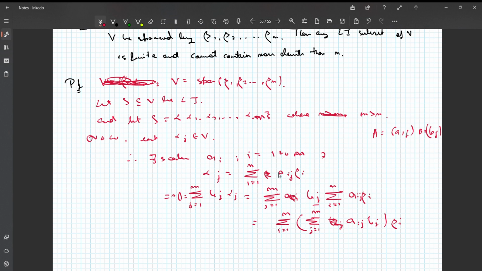But notice j ranges from 1 to n, that is, the column part is n and the row part is m. So A is an m cross n matrix, and m is less than n. So basically, this is a case where the number of unknowns is greater than the number of rows.